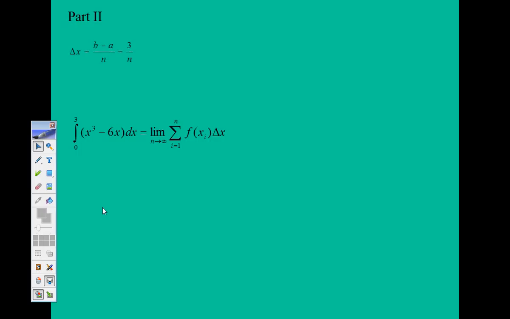The second part of the question is this time we're going to let the number of rectangles be n. So our interval was 3 minus 0, but the number of rectangles this time is n. So our delta x is going to be 3 divided by n. Using the right endpoints, we would actually be starting at 0.5.